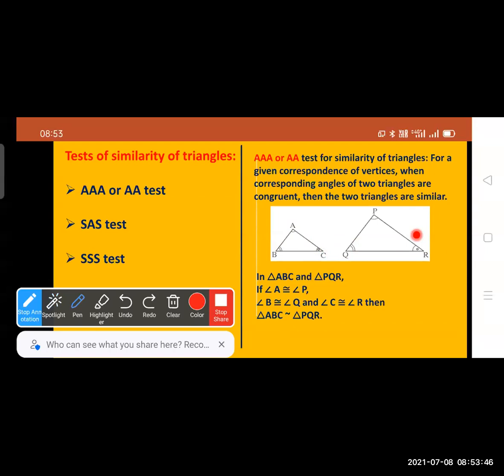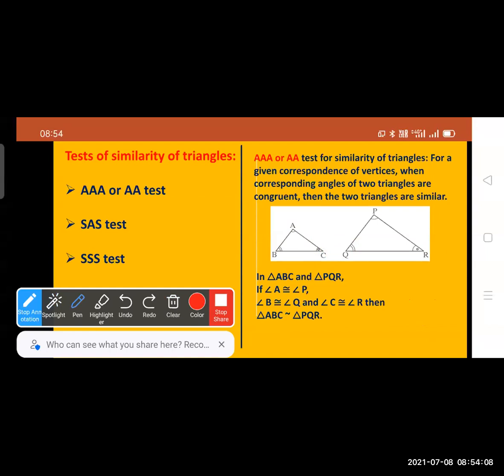The symbol of similarity is drawn like this. For congruent, two equal signs are used, and then the similar triangle symbol. So we read this one as congruent and this one as similar. Okay, so these two triangles are similar by the AAA test.